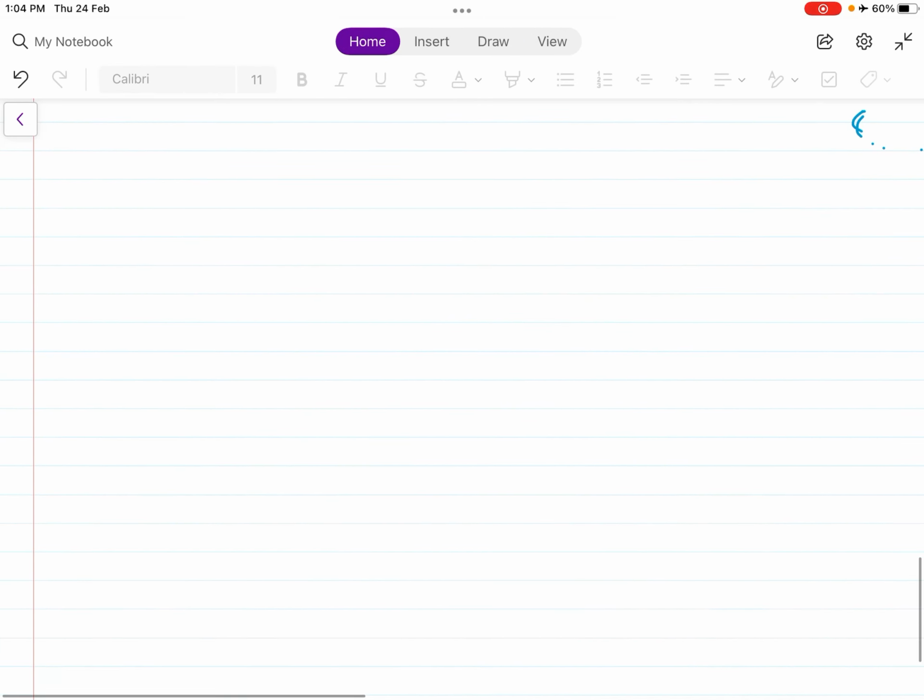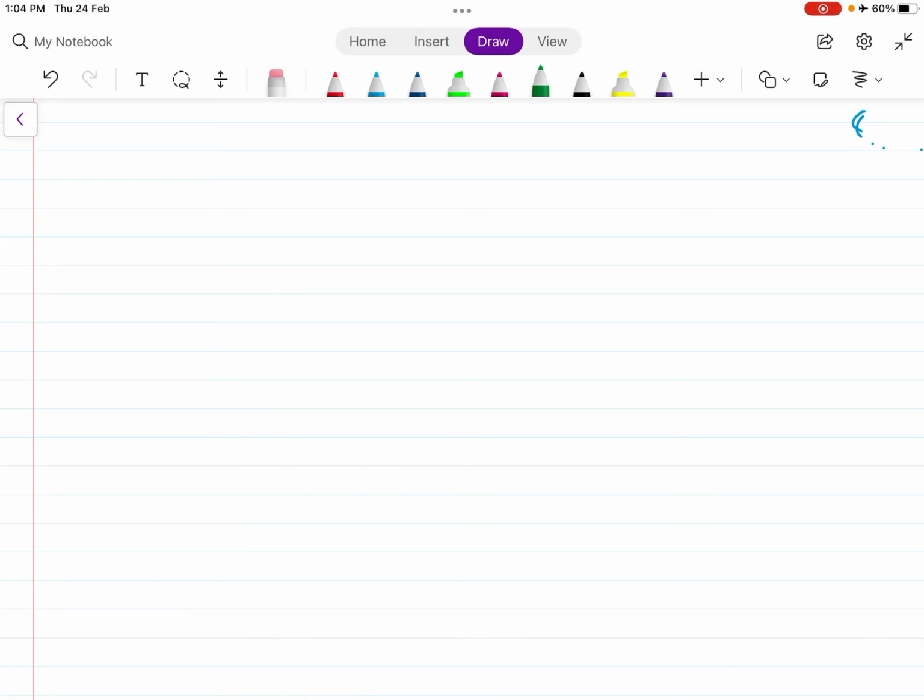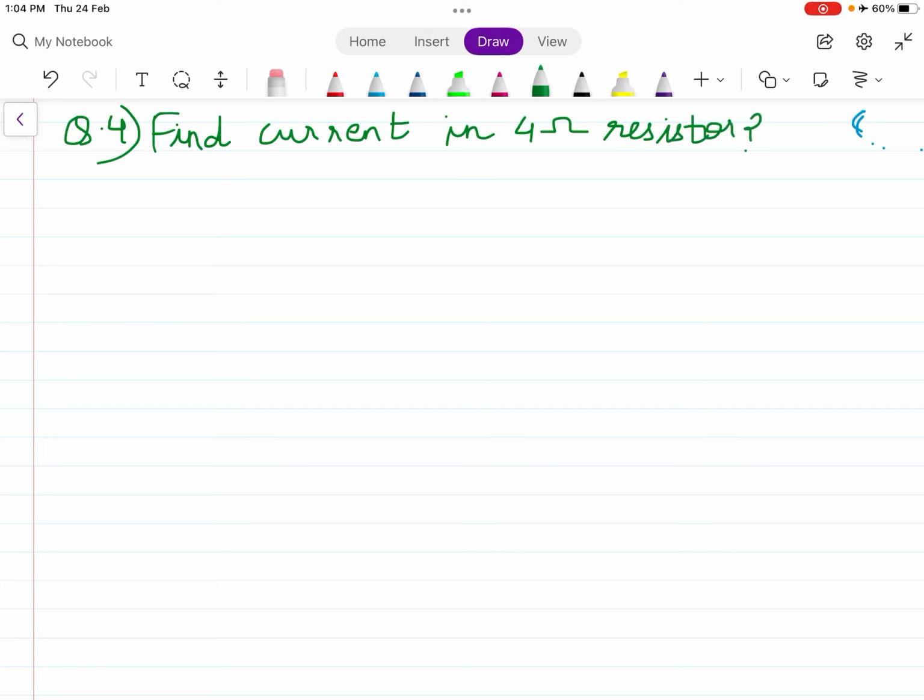Next, question number 4. Question number 4 is find current in 4 ohm resistor. Circuit is like this. This is 5 amperes.